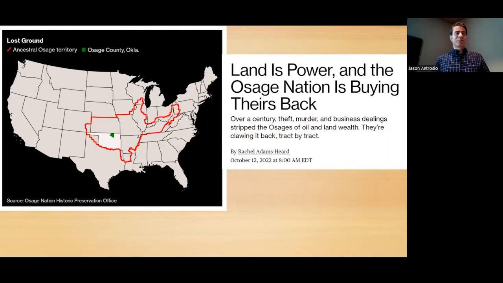Now, this was not the best thing, because as the Bloomberg article puts it, there was a lot of conflict and stealing and business deals which tried to take away the oil, and it was pretty bad. But they've won some court cases recently, and are basically trying to actively buy back a whole bunch of land. Maybe not all the land in red, but at least the land that was around their reservation.